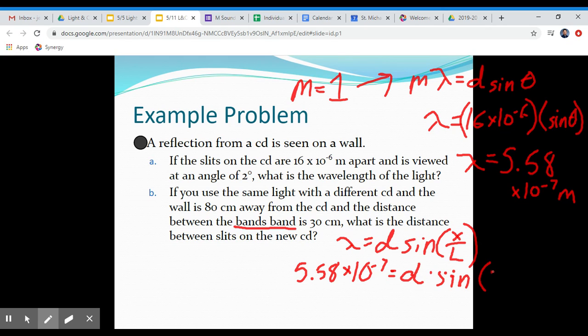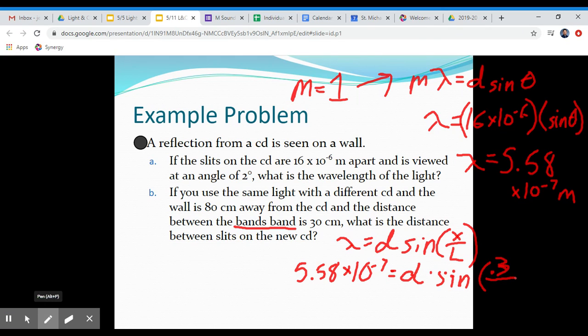So we'll have the distance between the bands on the wall itself are 0.3 meters. But since we're assuming first order, we'll use 0.3. Now, if, for example, it was asking about the second order, then you'd have to put a 2 out front here, and then you would actually use 0.6 instead. But in this given situation, we're just using the first order, so we use 0.3.